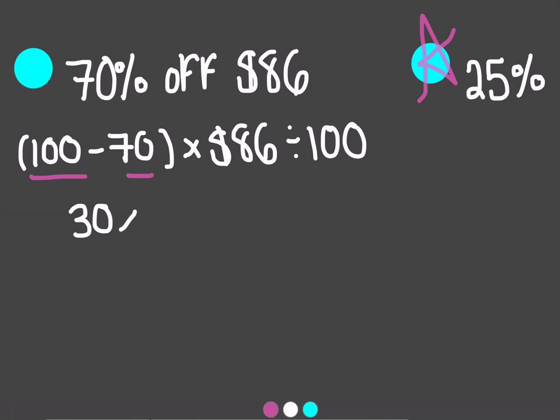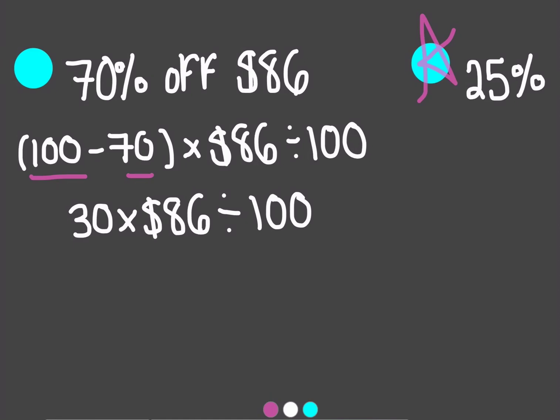So you're multiplying the percent you're actually paying times the original price of the product, which is $86. And then at the end, you're dividing it by 100 to make it back into a decimal number that you're actually going to be paying once you get to the front of the store.